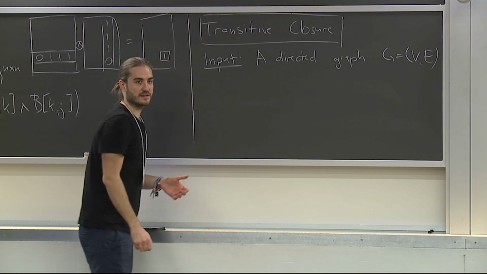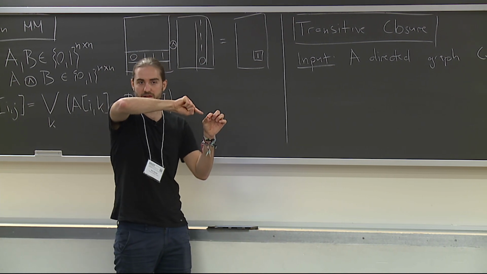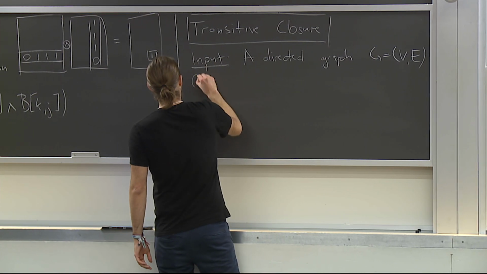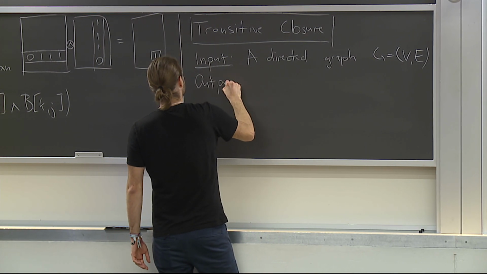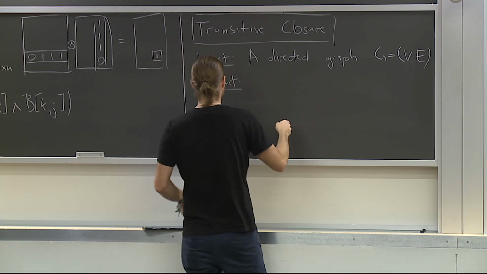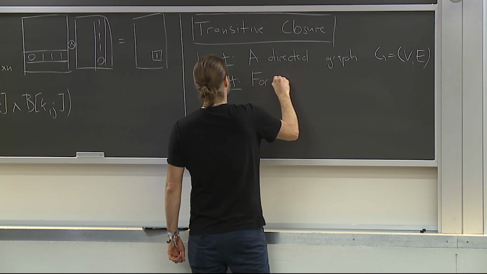And the output is that you test for every pair of nodes whether there is a directed path from the first to the second. Okay? You might have heard the term transitive closure because sometimes this is the graph which is basically obtained by adding all shortcuts, following the directed edges in the original graph.